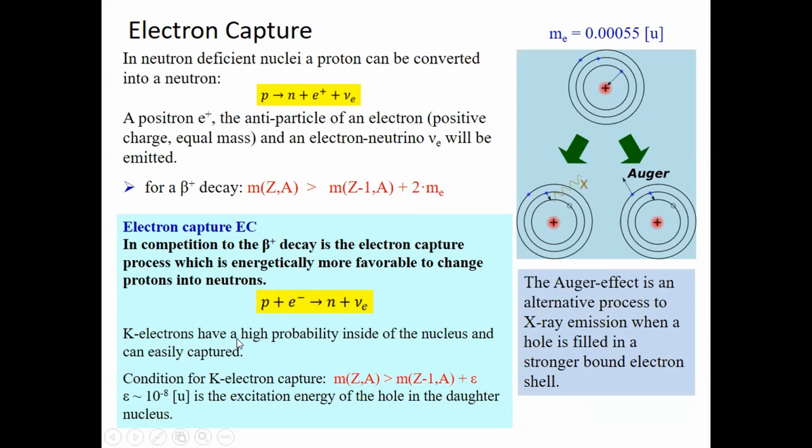The K-shell electrons have a high probability of being inside the nucleus, so they can easily be captured and make this kind of conversion. Again, the mass of the parent must be large compared to the daughter. The excitation energy must be made available.